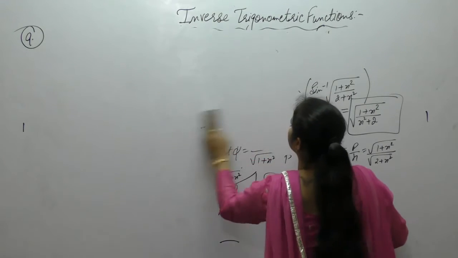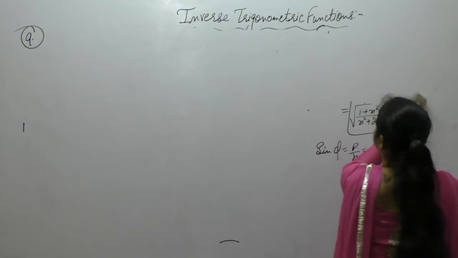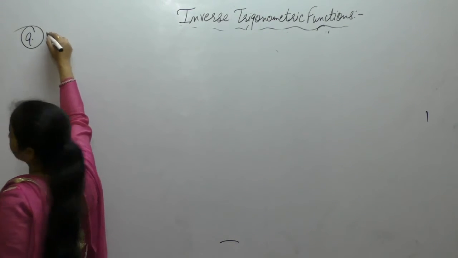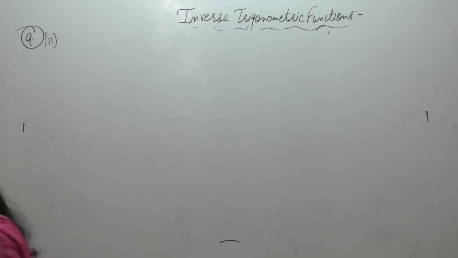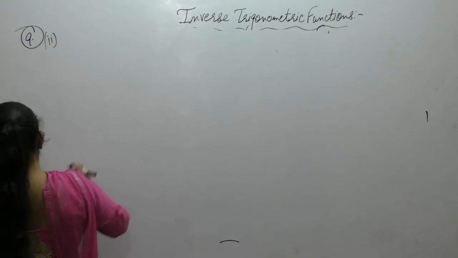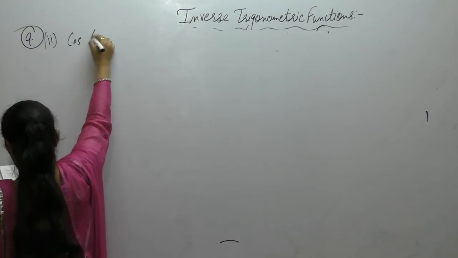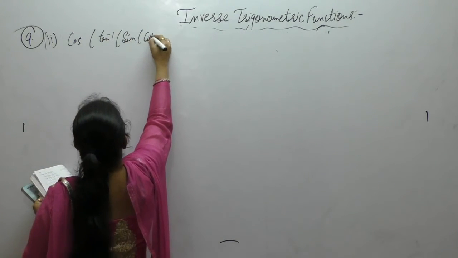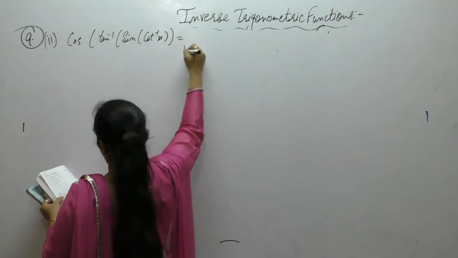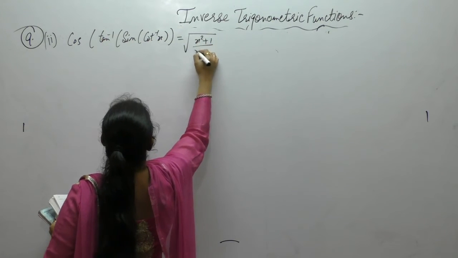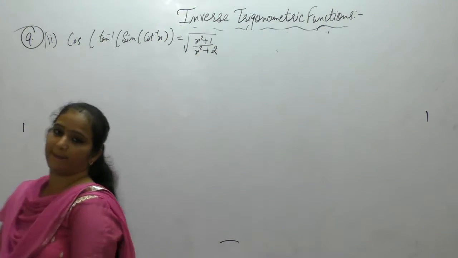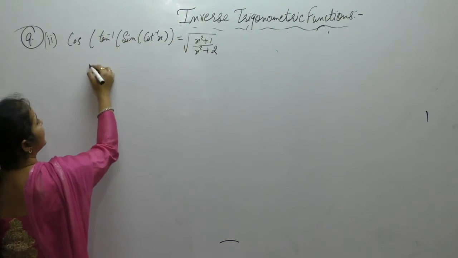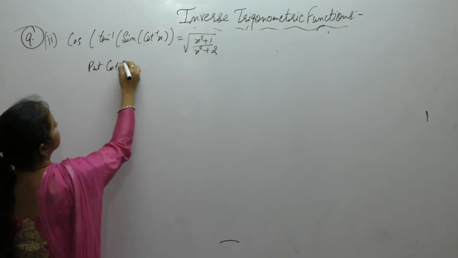Now the second part of this question. Prove that cos of tan inverse sine of cot inverse x is equal to root of x square plus 1 upon x square plus 2. Again by using the same procedure, put cot inverse x as theta.